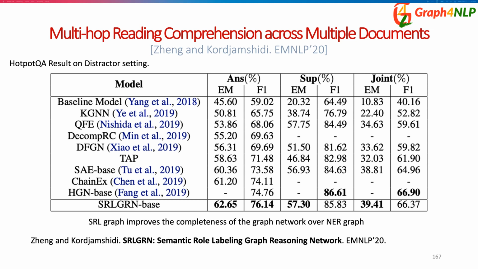One big reason the authors found for why this model performs better is that, compared to the previous work, which is mostly based on relationships between entities, using SRL and the relationships between the SRL subgraphs significantly improves the completeness of the graph network, providing more semantic edges to cover reasoning paths.